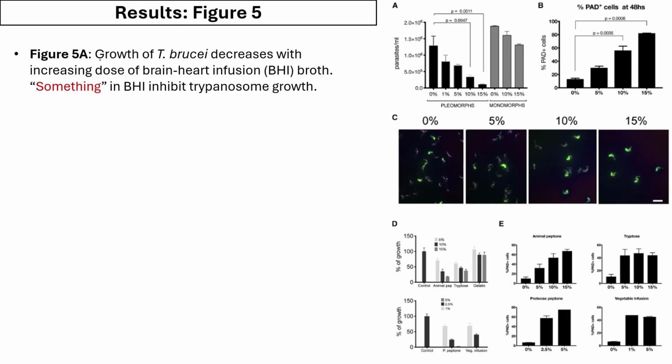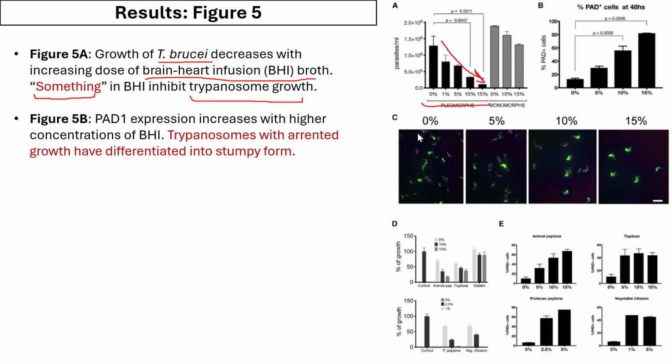For figure 5A, the researchers took the brain heart infusion broth and treated the trypanosomes with different concentrations of this broth. They found that as they increased the concentration of the broth, the parasite growth was significantly reduced. So they concluded that there is something in this broth that inhibits the growth of trypanosomes.